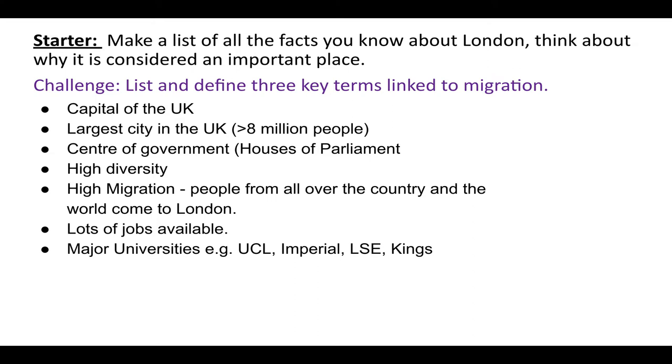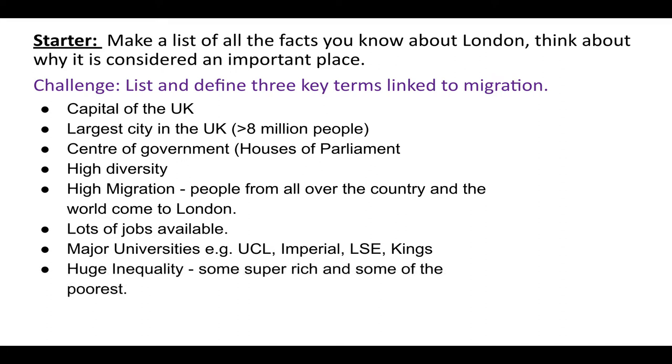We have some major universities, perhaps you've heard of UCL, Imperial, LSE or King's, amongst many other universities. There's, unfortunately, huge inequality. Some super rich people and some of the poorest people in the whole of the UK live in London side by side. And that juxtaposition makes it an interesting place to look at geographically.